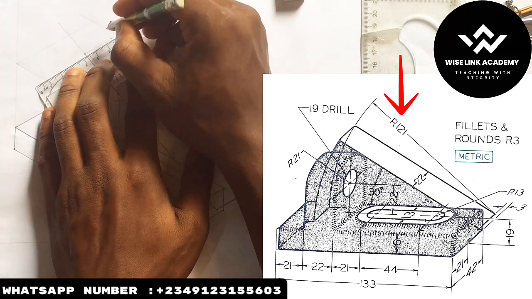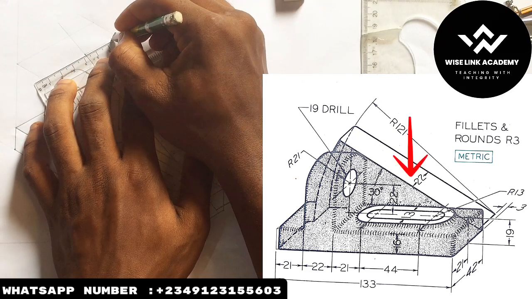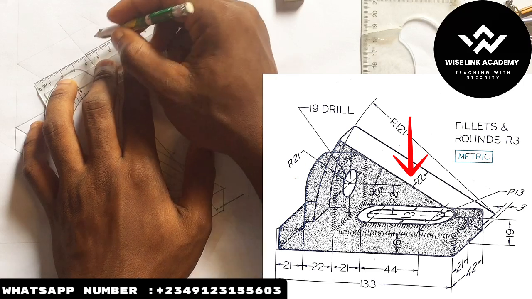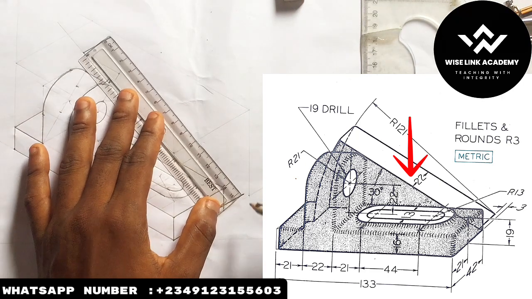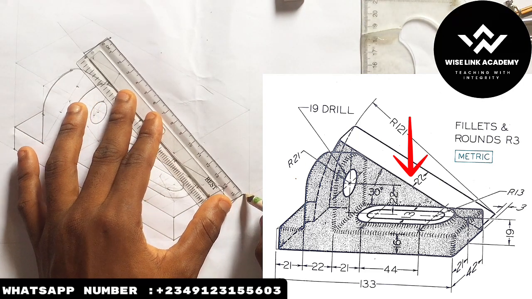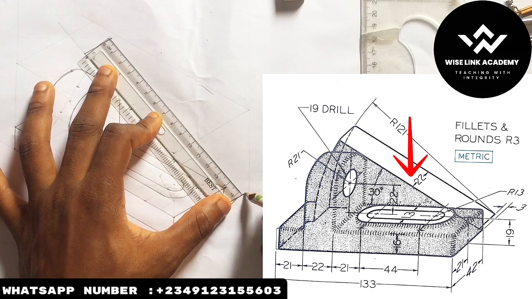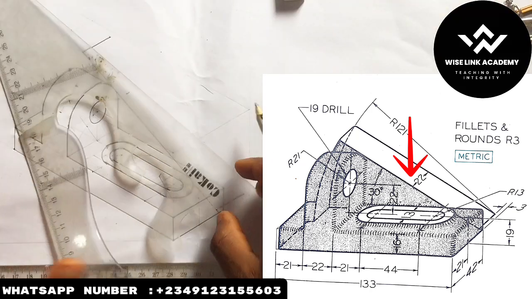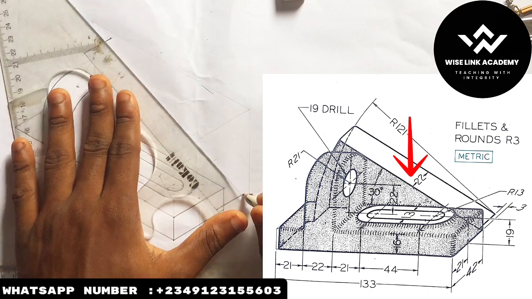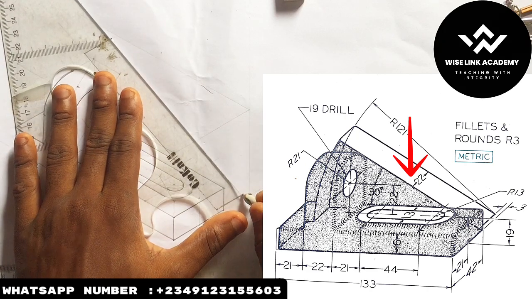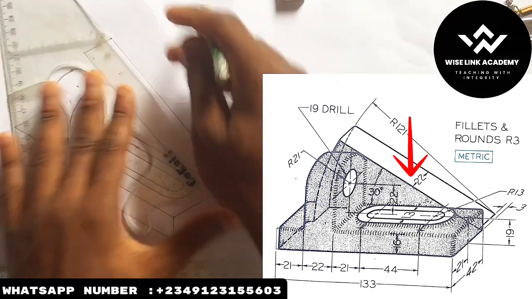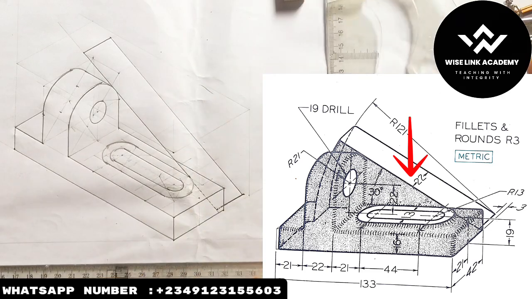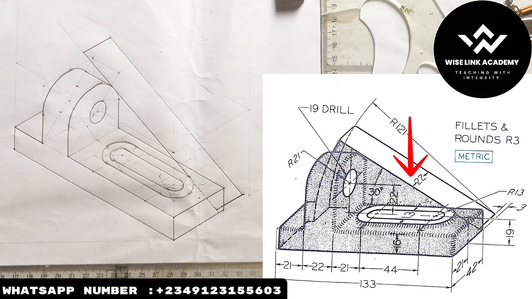Right, so now taking this one, I can now easily connect this one here to this one. Just connect this point to this down here. All right, I have what you are seeing here.